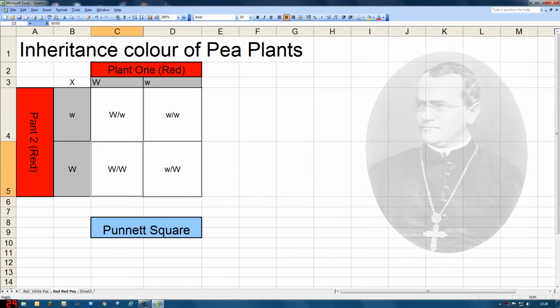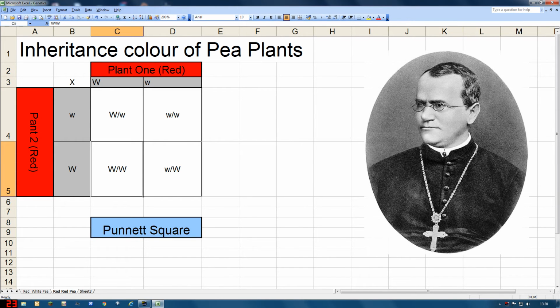So what would these look like? Well, we already know that these two are going to produce red plants because they contain the dominant non-mutated allele, and this one here will also be red because it contains both the dominant red alleles.